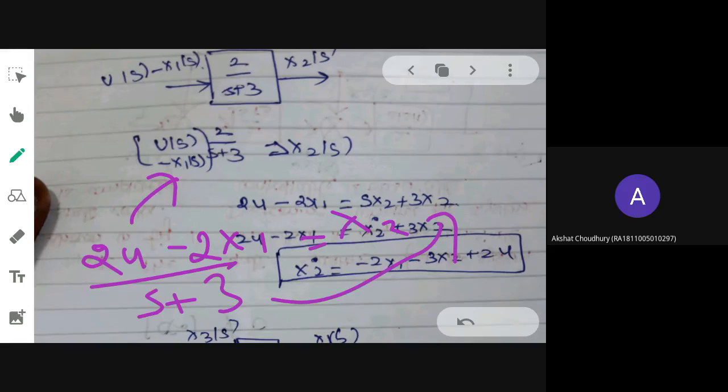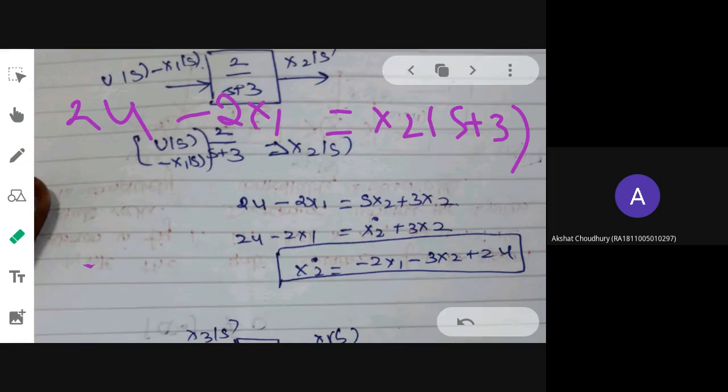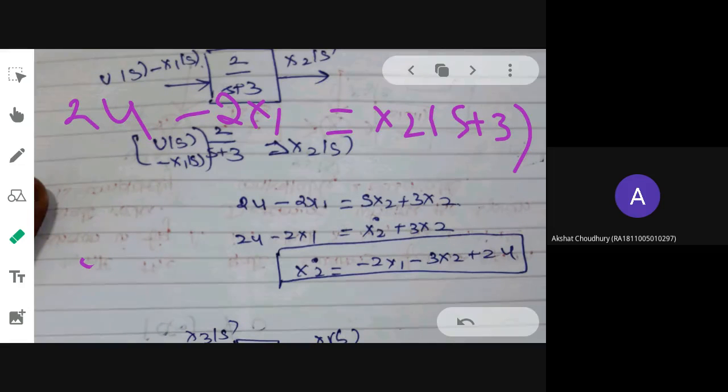So what will happen to the equation? 2u minus 2x1 is equivalent to x2 into s plus 3, isn't it? Okay. Now this is the equation that you have simplified by cross multiplication. This side you are having 2u minus 2x1, this side you are having x2s plus 3x2.